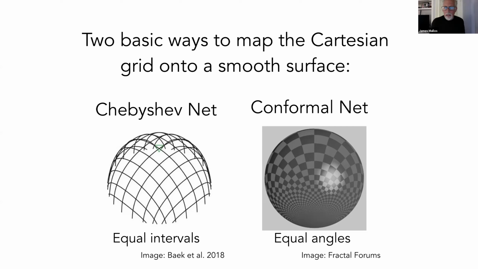On the left, you get an idea of what it would be like to drape that tablecloth on a hemisphere. And you also get an intuitive sense of what Chebyshev informally proved, that you can build one of these nets starting at any point on a smooth surface and given two crossing lines.